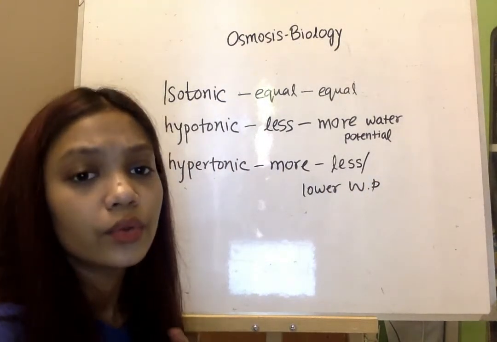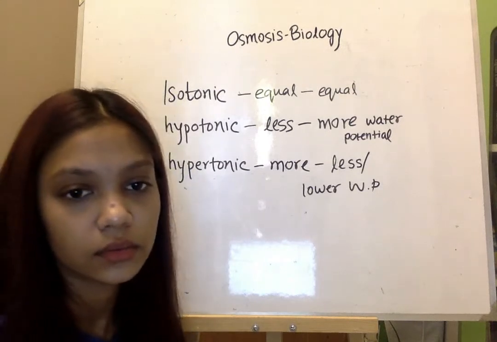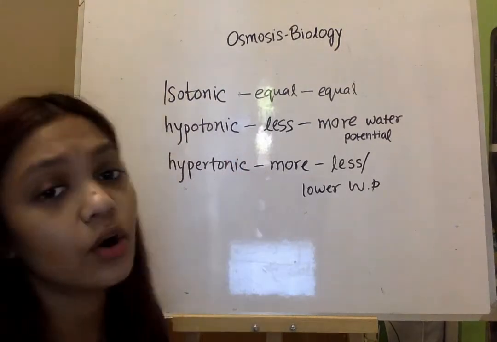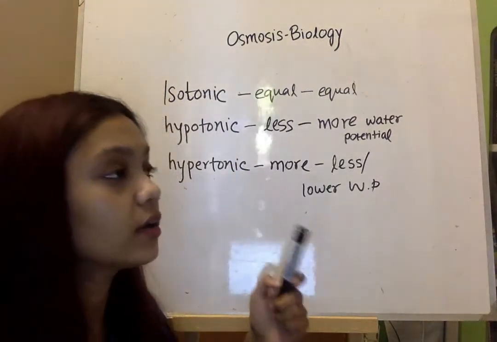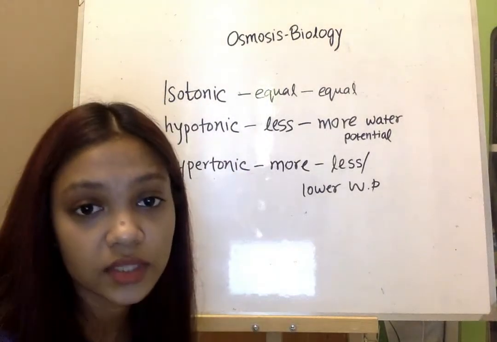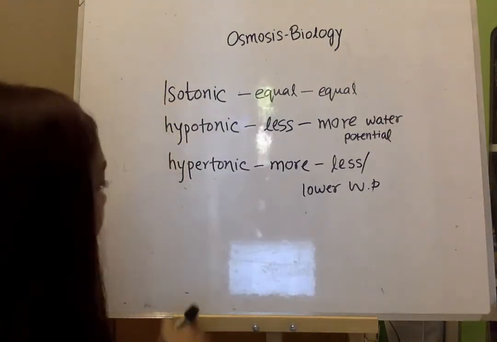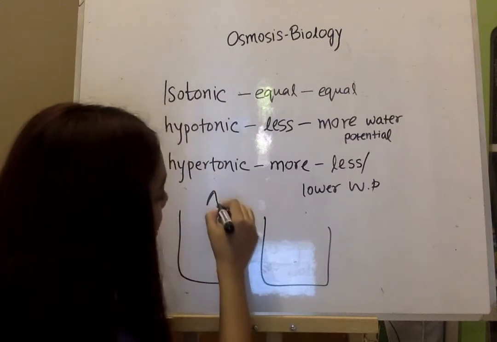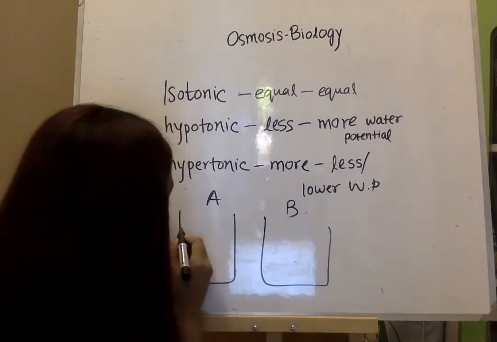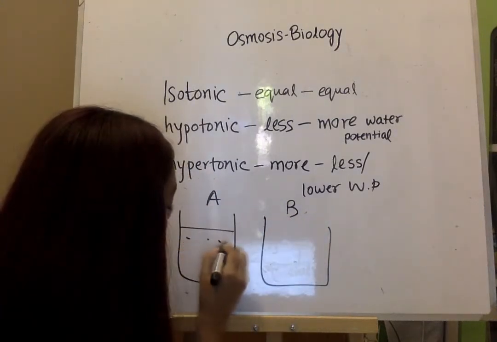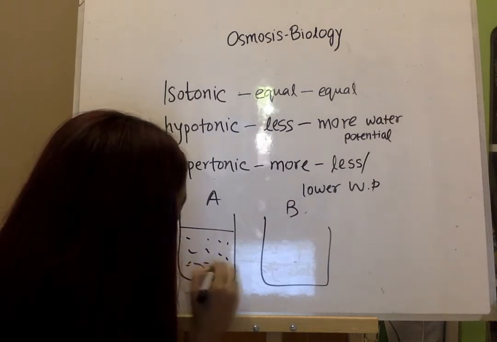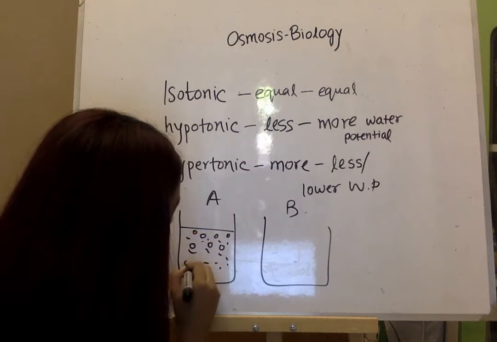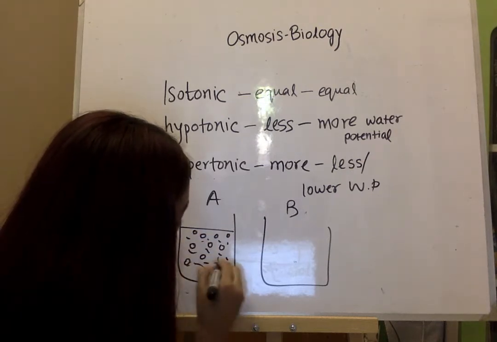Now, using these terms always involves the comparison between two different solutions. For example, if you take this and this as an example, this is A and this is B. In A, we have more solutes.